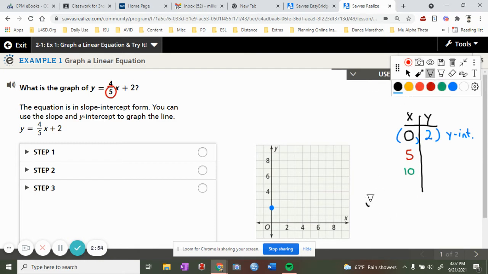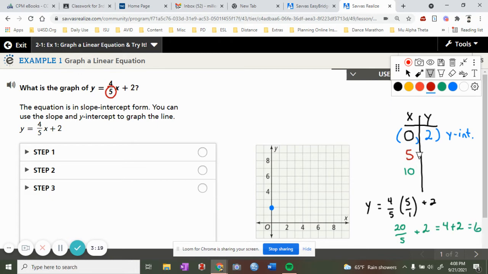We are going to do y equals 4/5 times 5 plus 2. Now you can remember with our fraction rules, we multiply across the top. So we have 20 over 5 plus 2, which is 4 plus 2, which is 6.